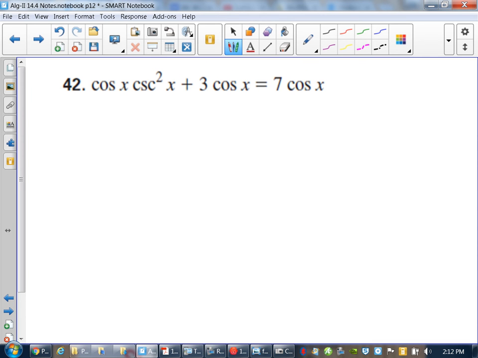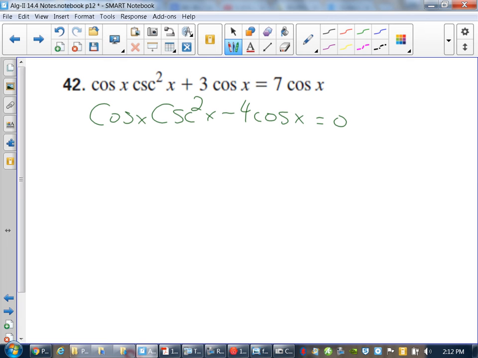Treat this like you would combine like terms. Subtract the 7 over, and we're going to get cosine cosecant squared minus 4 cosine x equals 0. Now, those two terms have something in common.